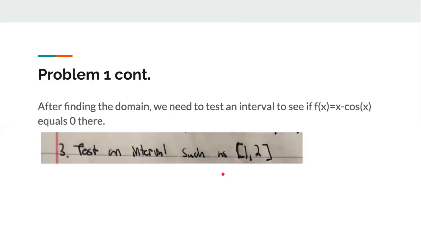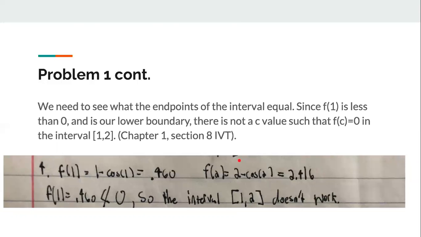So after finding the domain, we need to test an interval to see if f of x equals 0 there. So we take two numbers. I like the numbers 1 and 2, so let's make that our interval. We're going to test the interval from 1 to 2 inclusive. So we need to see what f of 1 equals and what f of 2 equals.